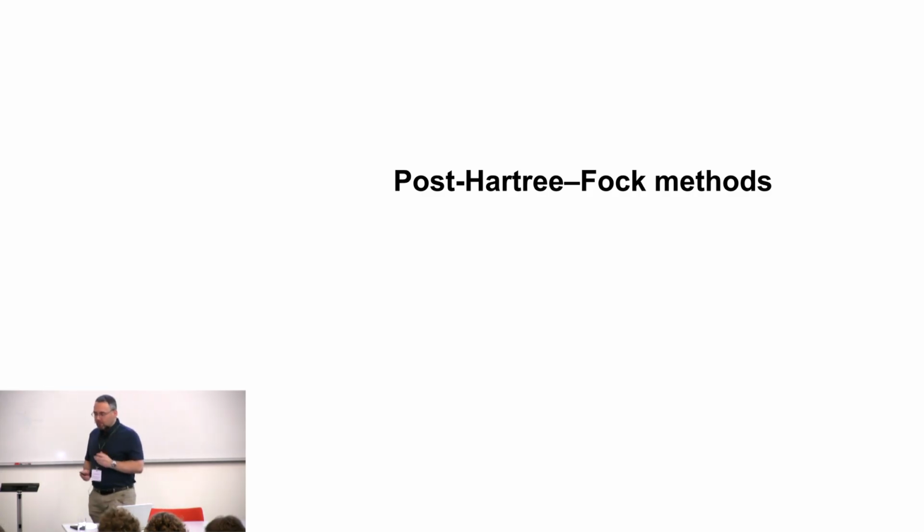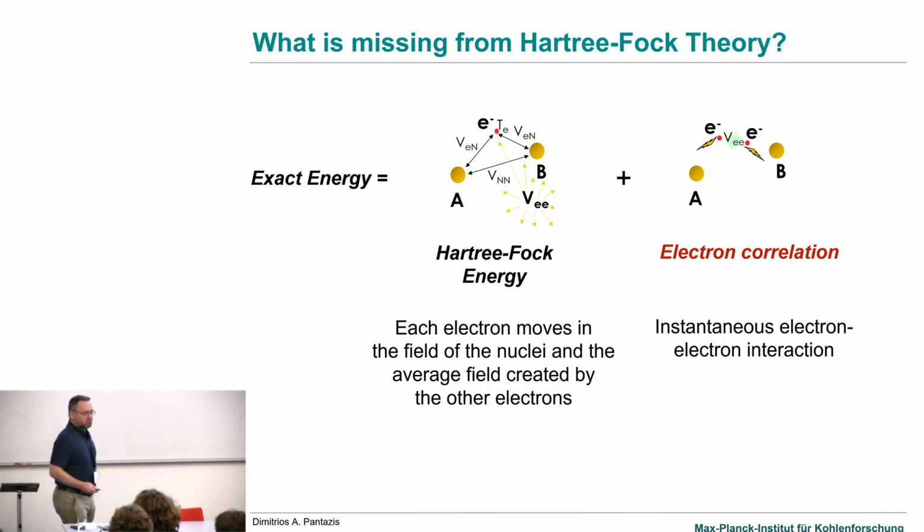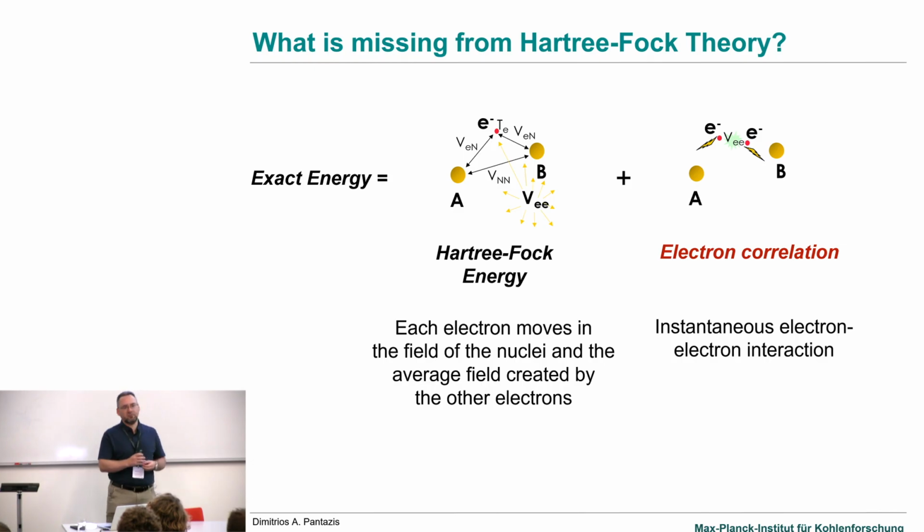Now, we said that Hartree-Fock is the fundamental approach, but it's not good enough. Some of the post-Hartree-Fock methods that you might encounter are methods that deal with so-called electron correlation. The electron correlation is the part of the energy that is missing from Hartree-Fock.